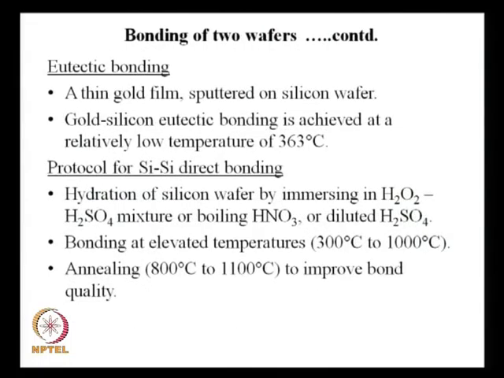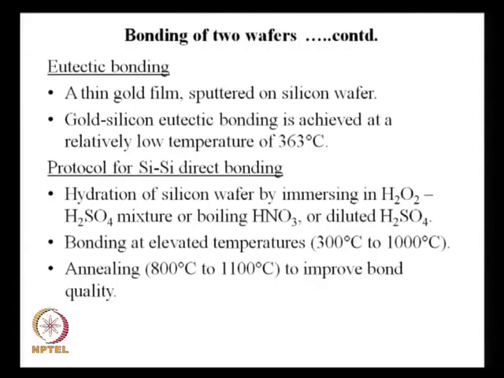Now, for silicon direct bonding, you have to follow a certain protocol. The protocol is something which I tried to summarize here. Hydration of the silicon wafer by immersing in hydrogen peroxide H2SO4 mixture, or boiling HNO3 or diluted H2SO4.